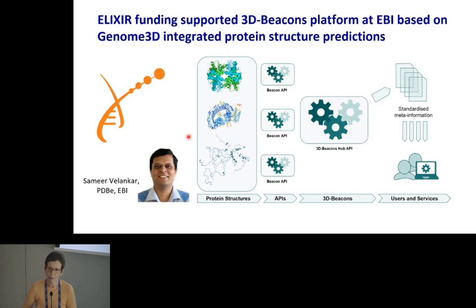They're refining AlphaFold data and providing wonderful annotations for that data. So this 3D beacons that Samir has set up will grab predicted data from all these different resources, from AlphaFold, from Swiss model, from RosettaFold, from any other groups that generate models that aren't in AlphaFold database, refined models. These are APIs that will bring the data together and integrate it so the community can see differences between the predictions and can use as much data as possible.